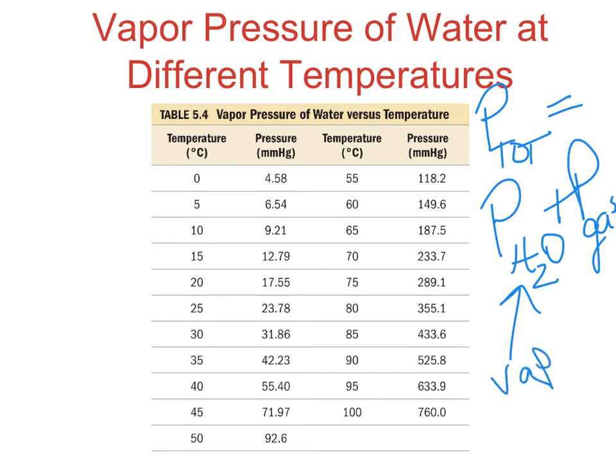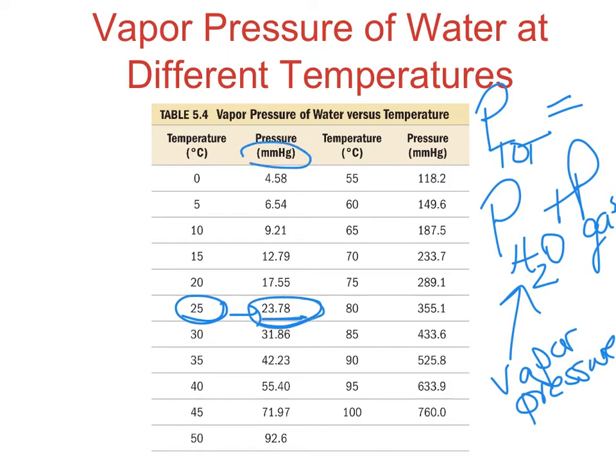That's simply the vapor pressure. And the vapor pressure of water is going to vary depending on the temperature. So the problem will always have to give you the temperature. Let's just say they said it was 25 degrees. We would then look at this chart and say, okay, vapor pressure of water at 25 degrees is 23.78. And then you would have to take that into account to figure out the pressure of the gas.